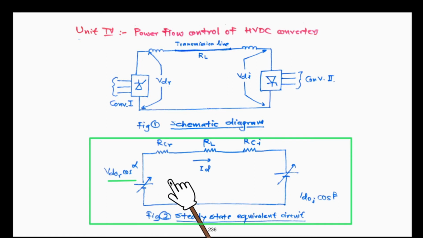If you remember, we have seen the equation, solved problems earlier in unit number 3, where we were writing the DC output voltage of rectifier side converter having some terms like cos alpha plus cos of alpha plus mu. So that cos alpha plus mu, that second term is not visible here, because that one is accounted separately in the form of a voltage drop.